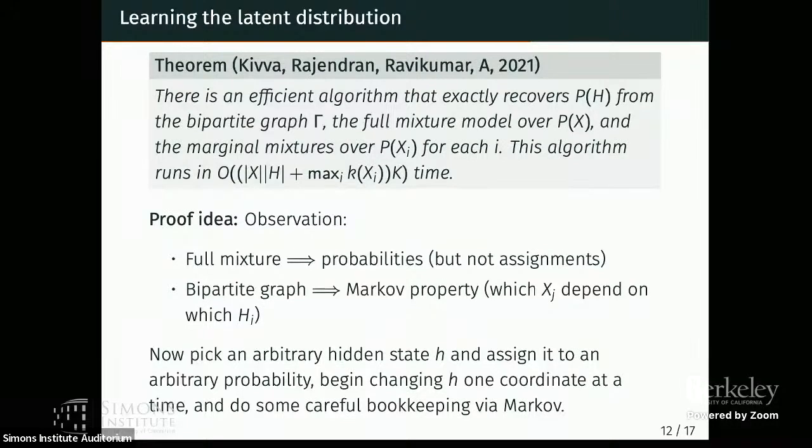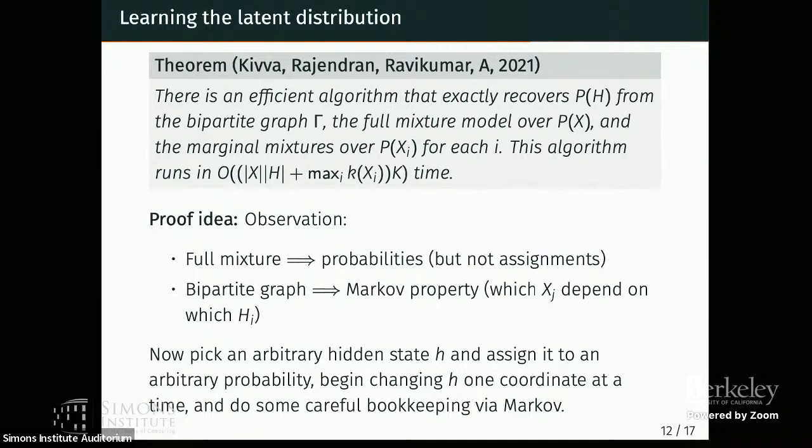If I look at the mixture model over all of the variables, the weights in that mixture model correspond exactly to the entries of the joint probability table of H. But what the mixture oracle doesn't tell me is which weight corresponds to which entry, or which states of the hidden variables. So what we need to do now is figure out how to assign probabilities or weights to hidden states. That's the name of the game.